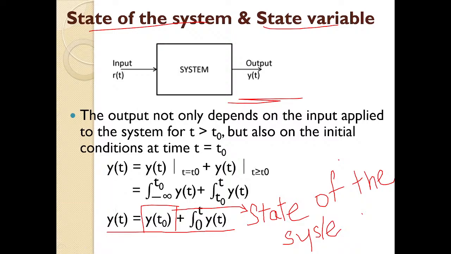So output at initial condition is known as the state of the system. The output of this system consists of two parts: one is the output at the initial state, and another is the output after giving the input from t equal to t0 to t. The first part of the output, that is the output at the initial condition, is the state of the system.